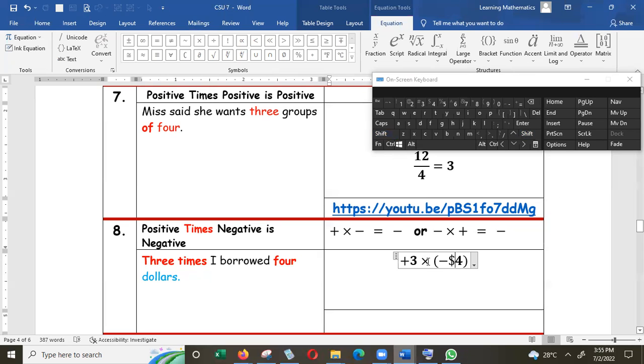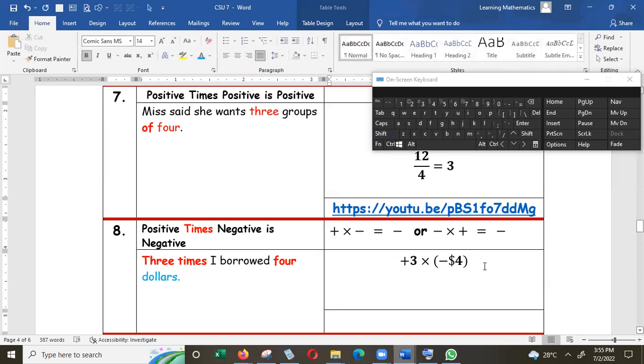3 times I borrowed $4. So 3 times, that happened 3 times.